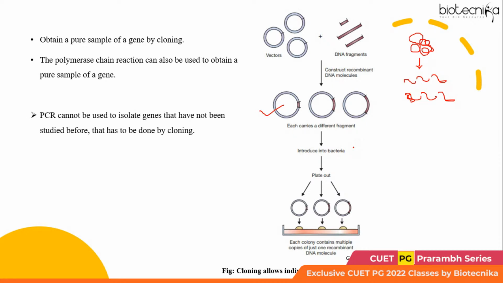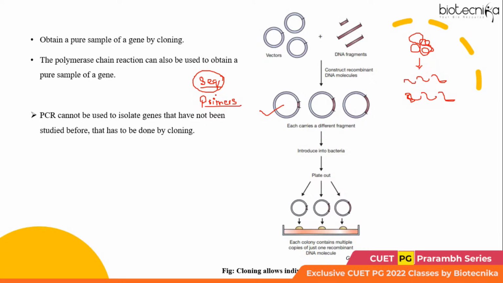So please note down that if you have to perform a PCR, you need to know the sequence of the gene first, because how do you design the primers? We already had the session on PCR, right? I'm sure you know what PCR is. The day one session, you remember, on PCR, electrophoresis, blotting. So obviously, if you have to amplify a gene, you have to use a primer, right?